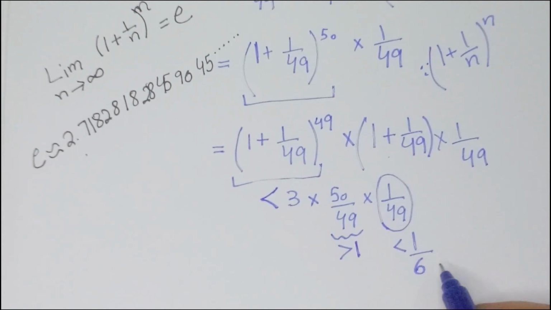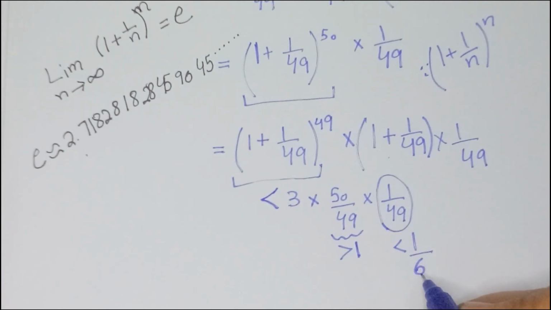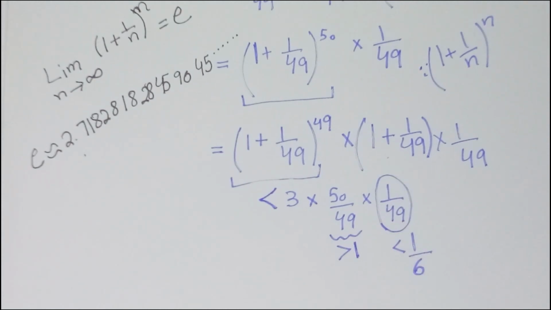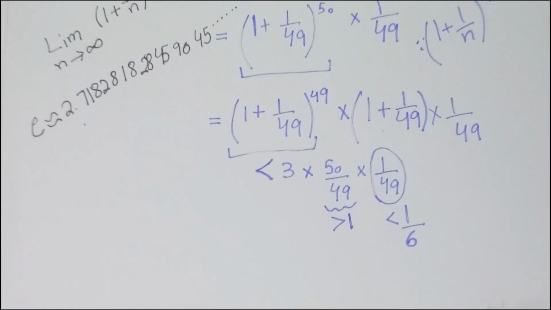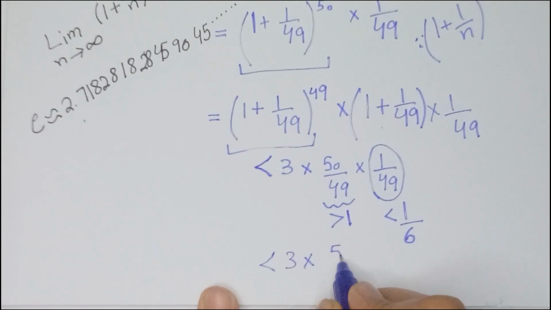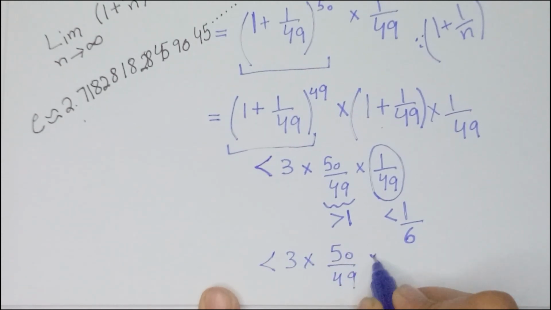Why? Because 49 is greater than 6, so obviously 1 over 6 will be greater than 1 over 49. So in the end, this is less than 3 times 50 over 49 times 1 over 6.